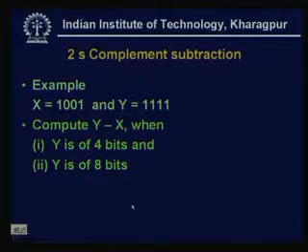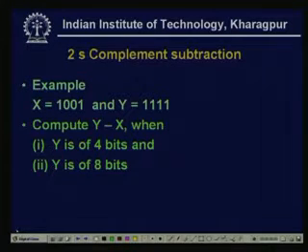Now, we take another example. Say x is 1001 and y is all 1s. Then compute y minus x when y is of 4 bits and when y is of 8 bits. First we take the simple one, y equal to 4 bits. The same way, here we are computing y minus x.